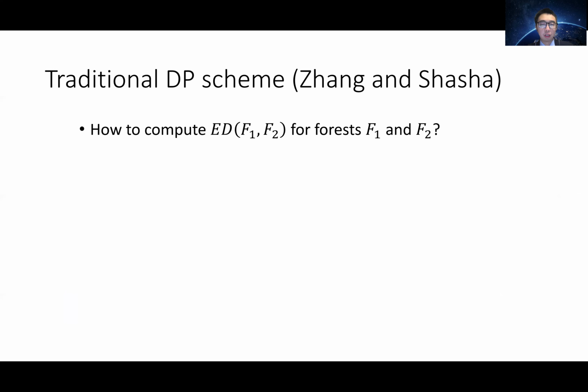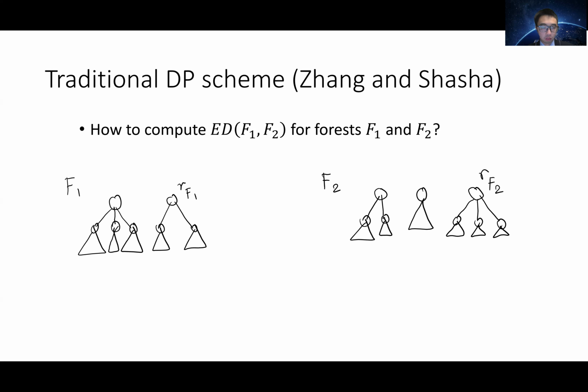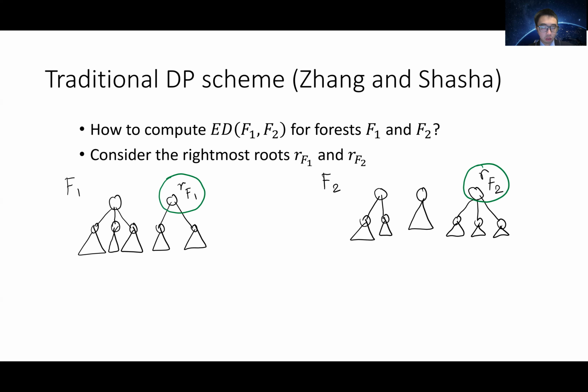Although we define tree edit distance on two trees, T1 and T2, it is easy to extend the definition to forests. Now we consider how we can compute the tree edit distance between two forests, F1 and F2. In order to do this, we consider matching the rightmost roots RF1 and RF2, labeled in green circles.